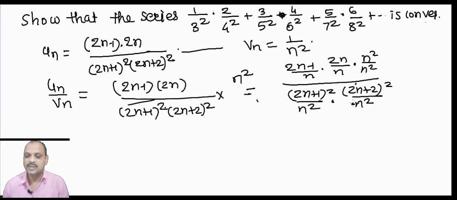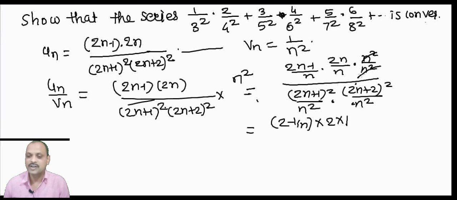So we can write this as 2 minus 1 by n into 2 into 1, where the n square cancels.